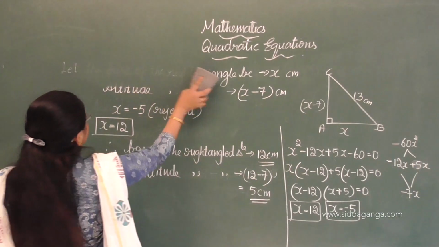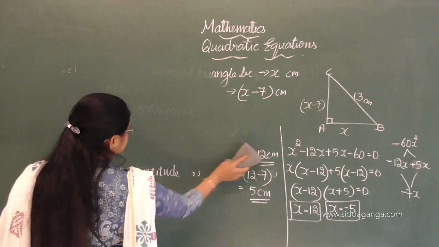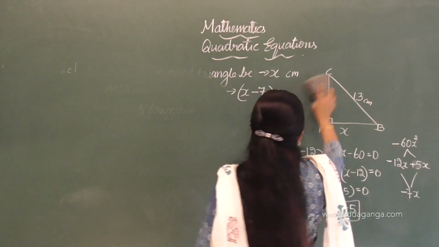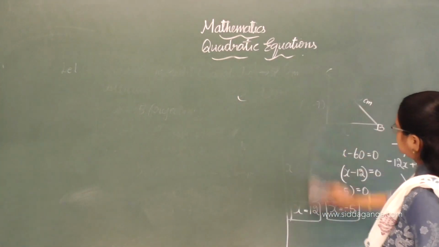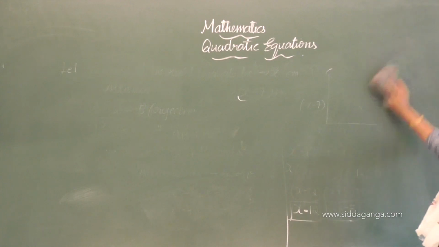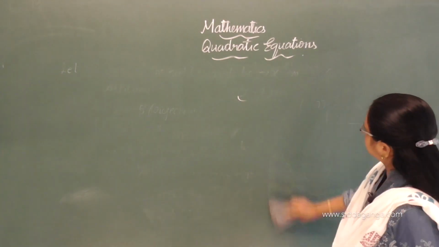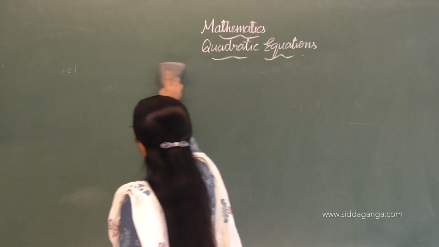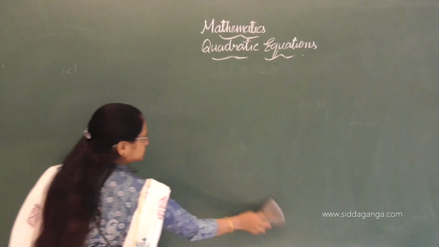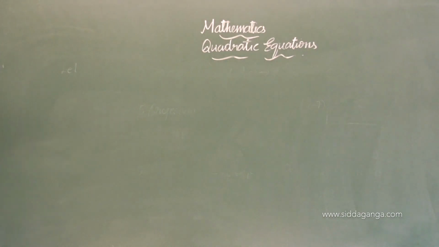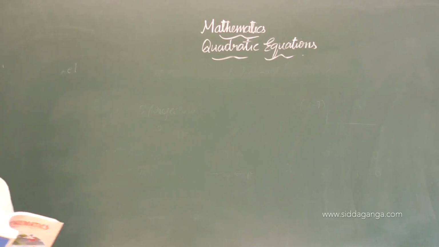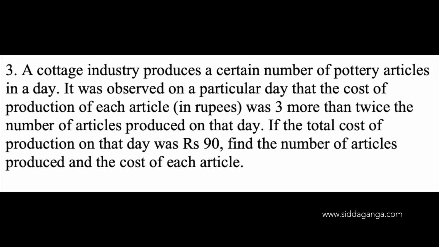Next one. A cottage industry produces a certain number of pottery articles in a day.